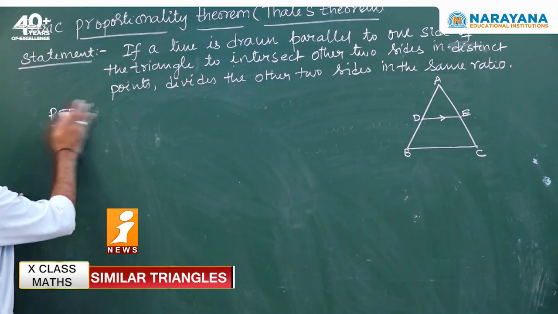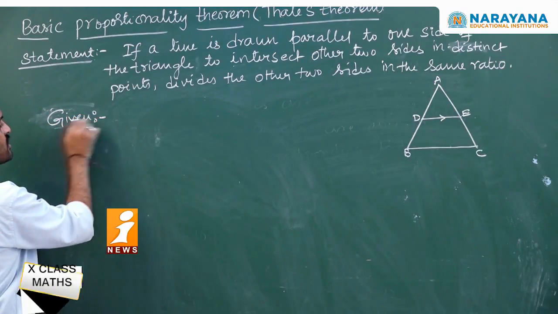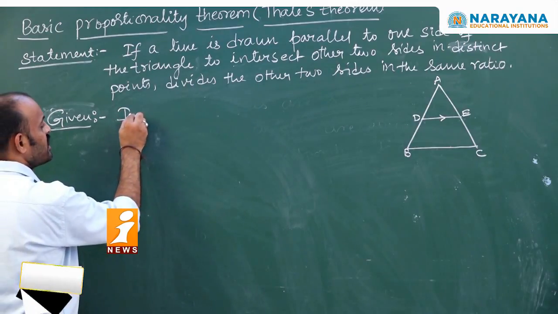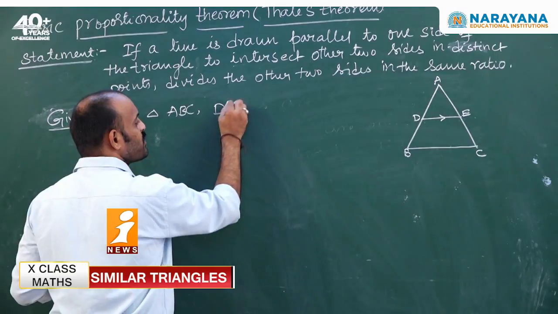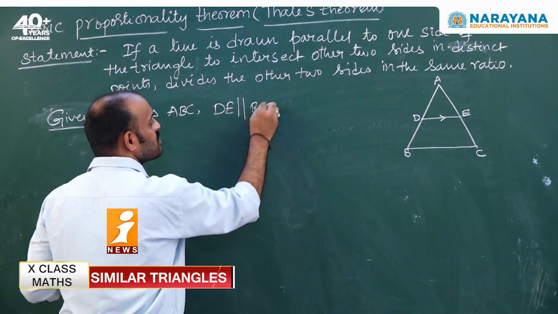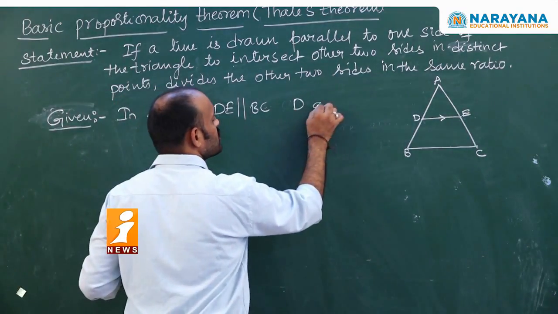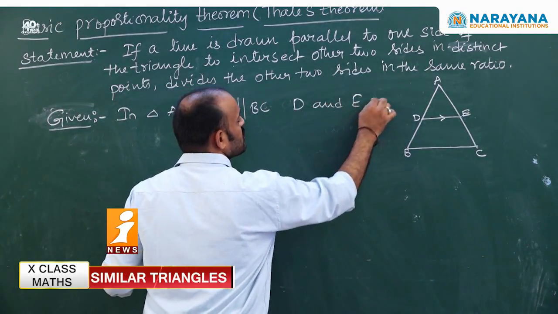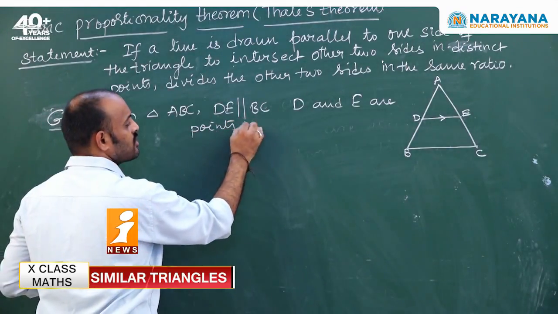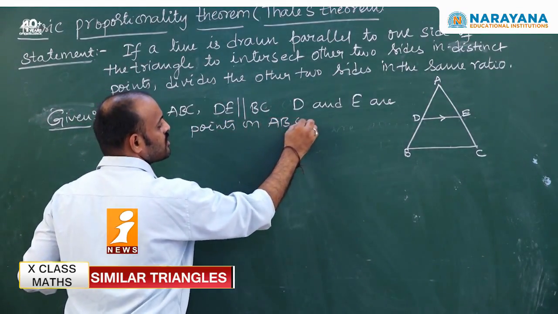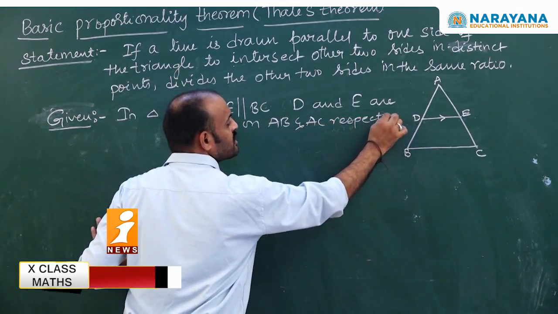Before writing RTP, let's see the given. What is given? In a triangle ABC, DE is parallel to BC. D and E are points on AB and AC respectively.